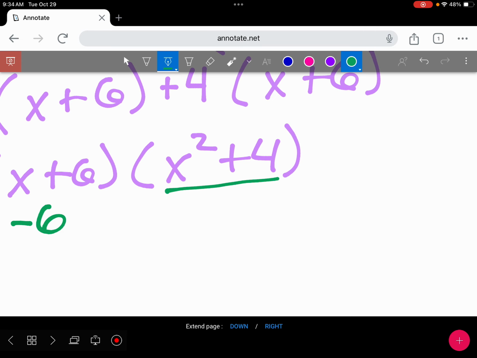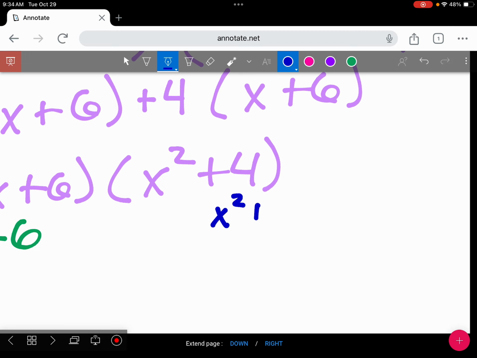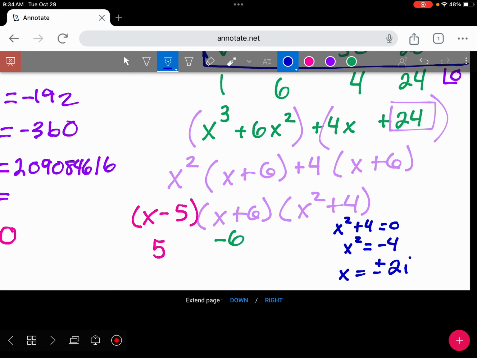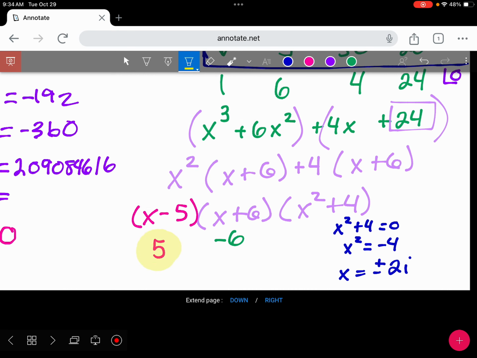Yeah, this is when we're going to get our imaginary answers. If I set x squared plus 4 equal to 0 to find that root, we get x squared equals negative 4, which means x is plus or minus 2i. So we can still get complex roots. Our 4 roots for our quartic function are 5, negative 6, and plus or minus 2i.